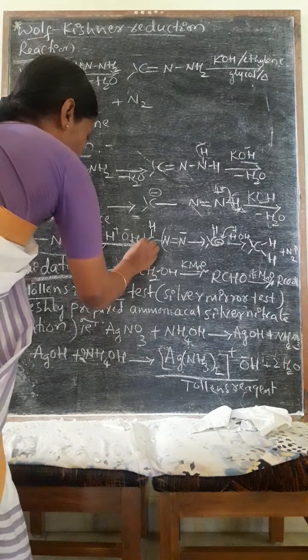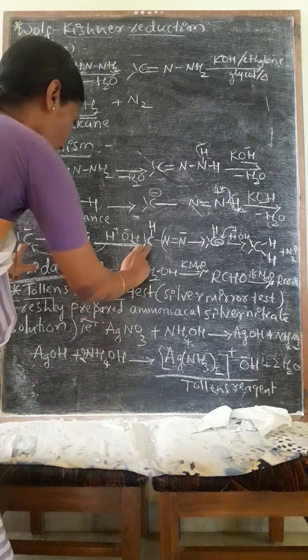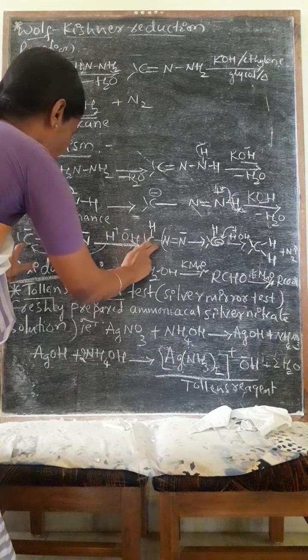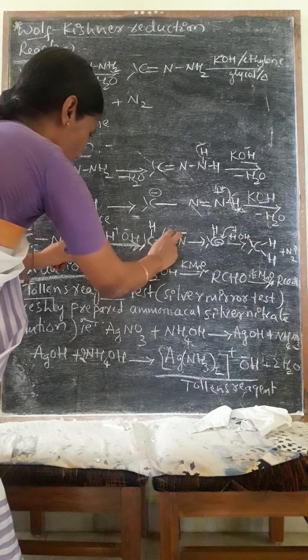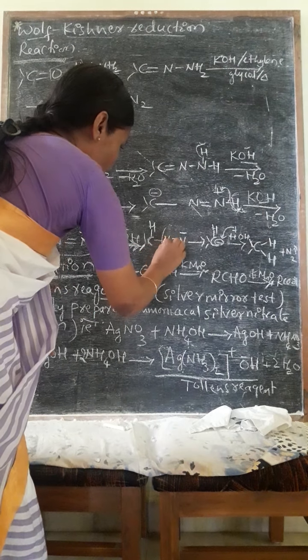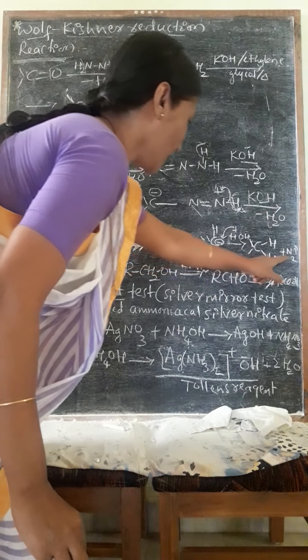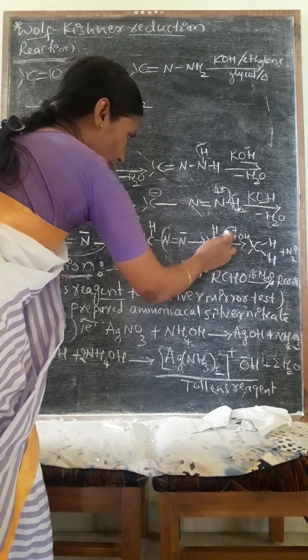Now the product formed loses the minus sign, that is C only, and attaches to hydrogen. The remaining is N double bond N minus as it is. Now, due to bond dissociation enthalpy, there is elimination of N2, and it further undergoes hydrolysis.